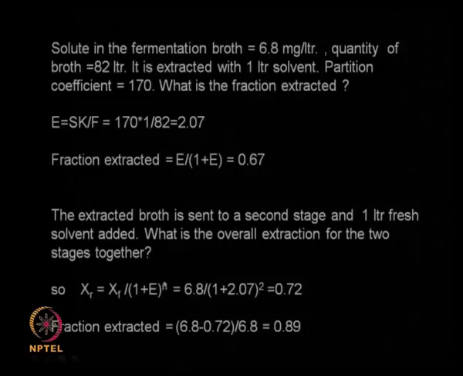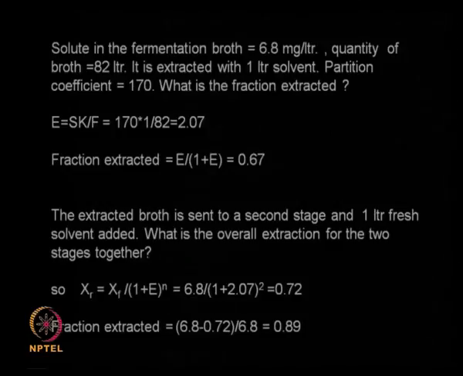So N here is 2, you know your E, so again you substitute here, and you get a fraction extracted of 89%. If I have one single stage, I will extract 67% of my solute. If I have two stages, the overall efficiency is 89%.